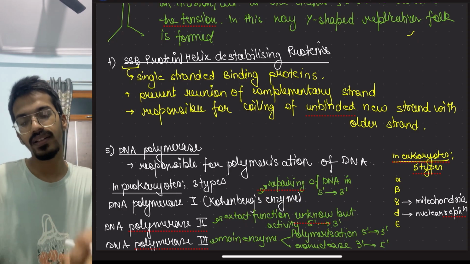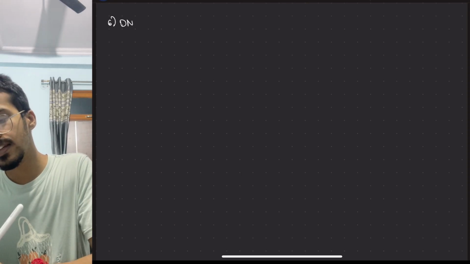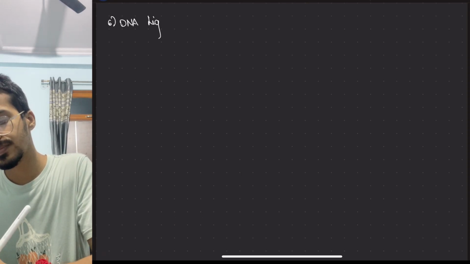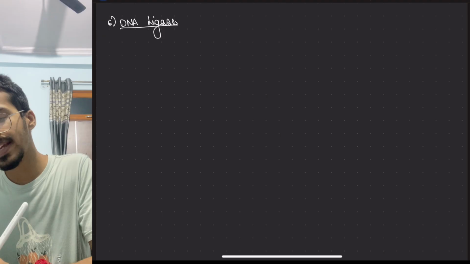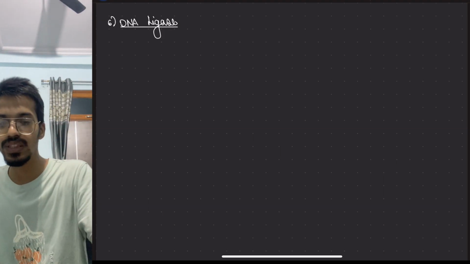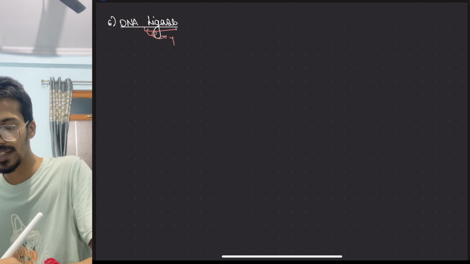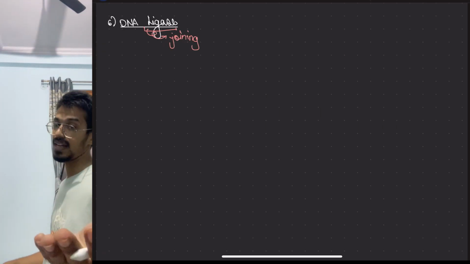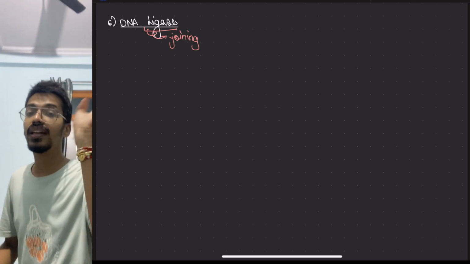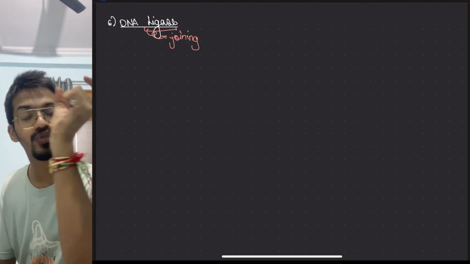The last enzyme that we're going to study is DNA ligase. Now what is DNA ligase? The word ligase itself means joining together. Basically, when the DNA is synthesized, one strand is synthesized continuously, the other discontinuously, with some breaks, meaning some cuts.